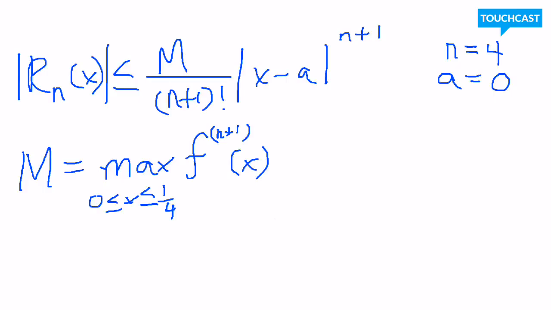So when I go to figure out what M is, the maximum value of the n plus 1th derivative on the interval from 0, because that's a, to that number I wanted to plug in, x equals 1/4. That's why they've given us the picture of the fifth derivative of f.